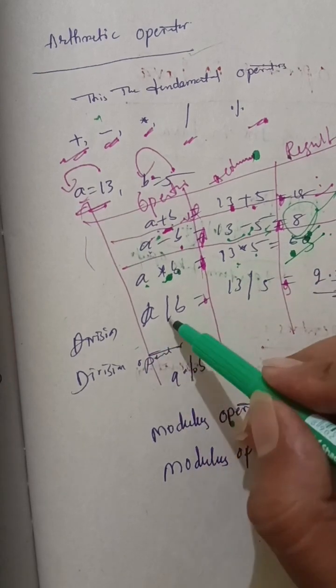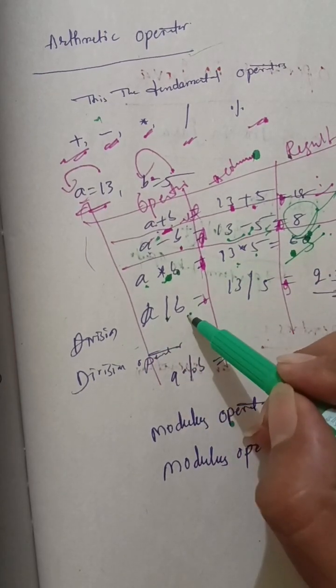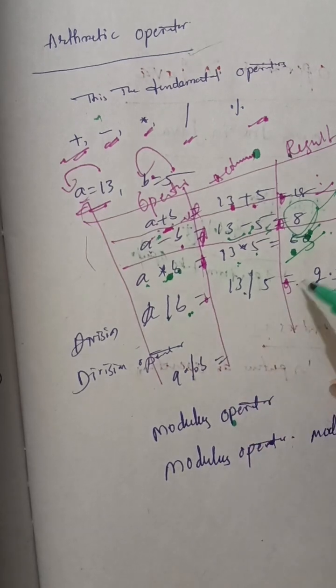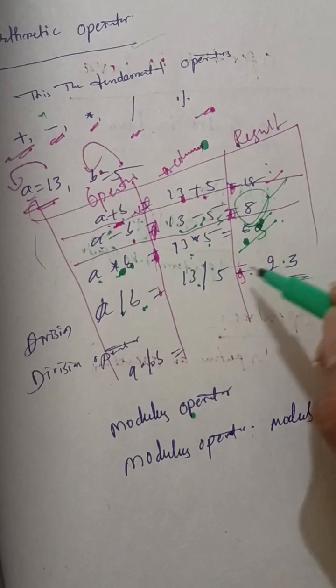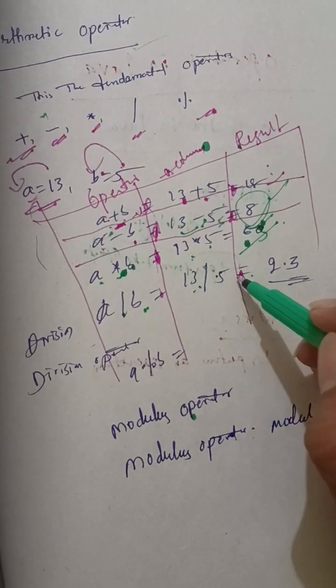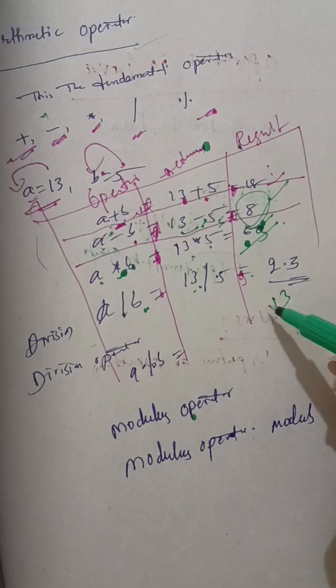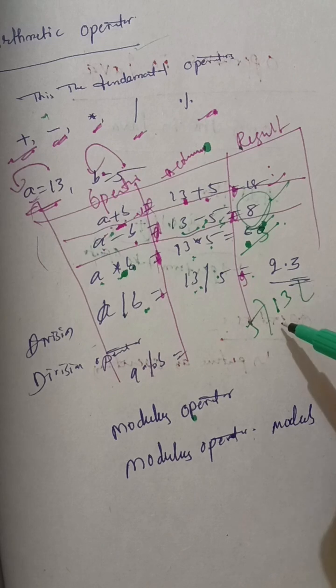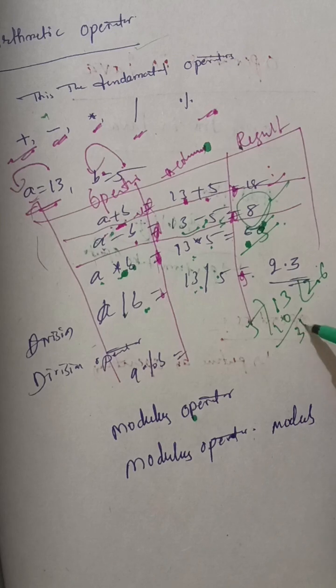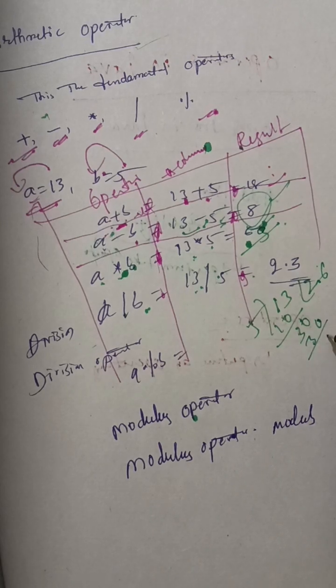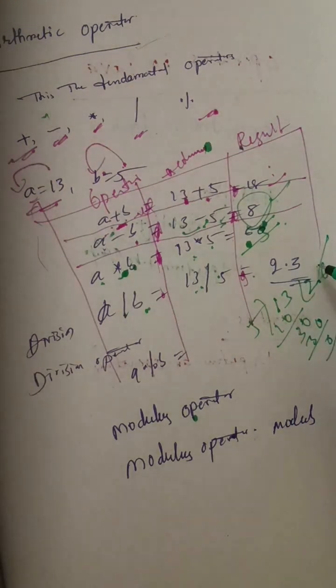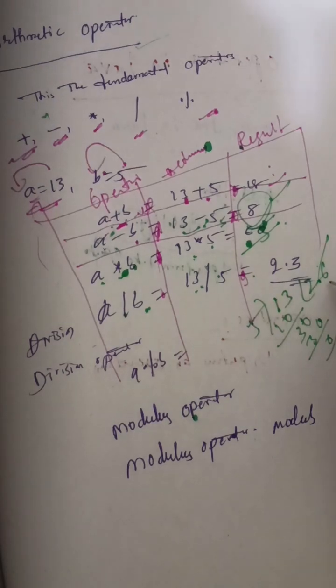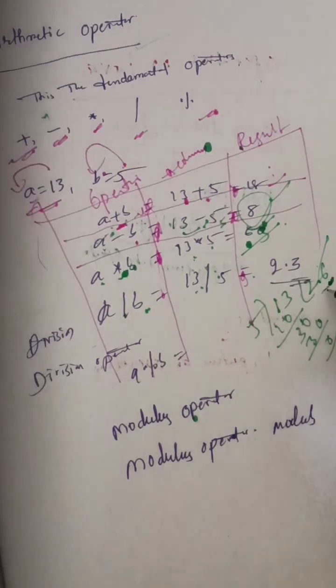Now a divided by b means 13 divided by 5. How many times does 5 go into 13? 2 times, 10, remainder 3. The result is 2.6. Take this one as the quotient.